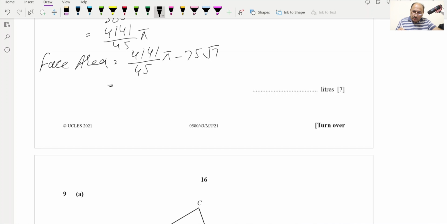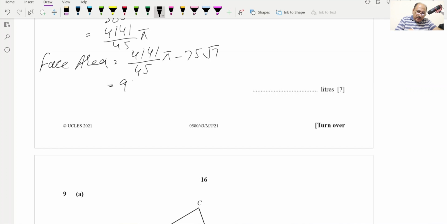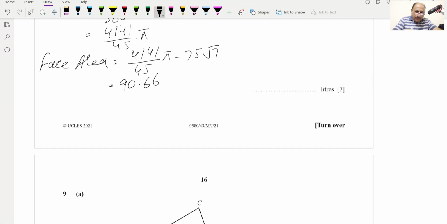So minus 75 root 7, and this is equal to 90.66. This will be the face area.